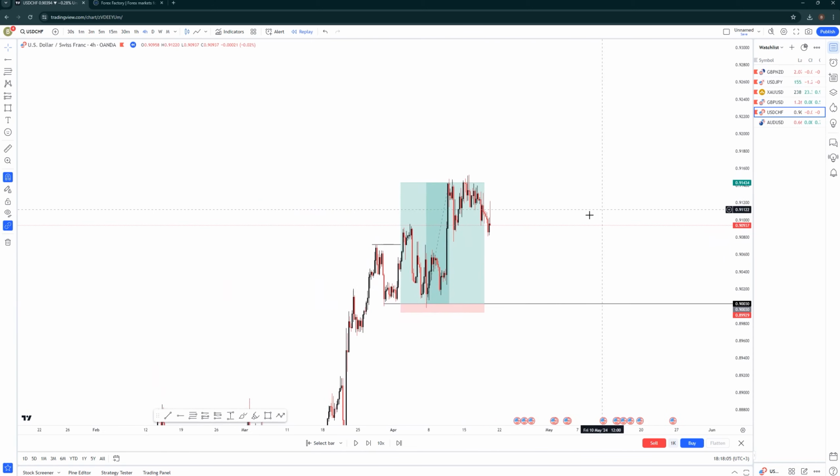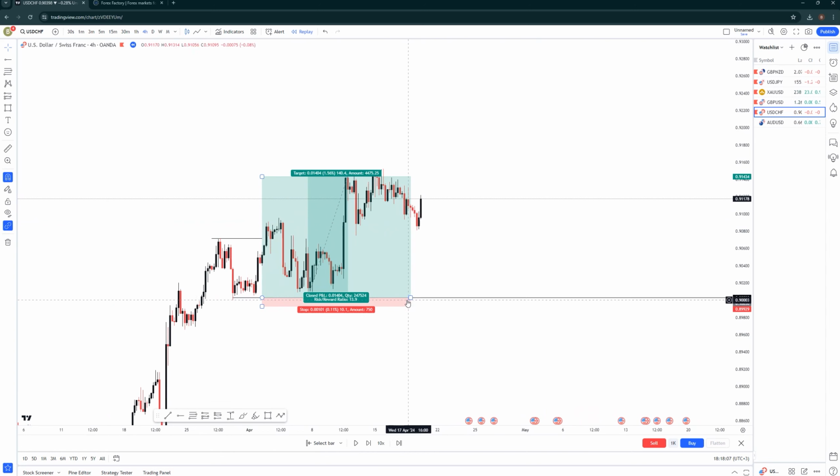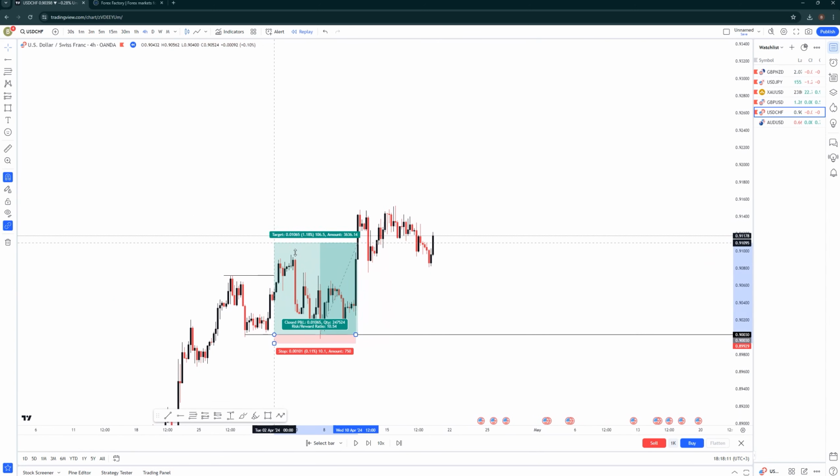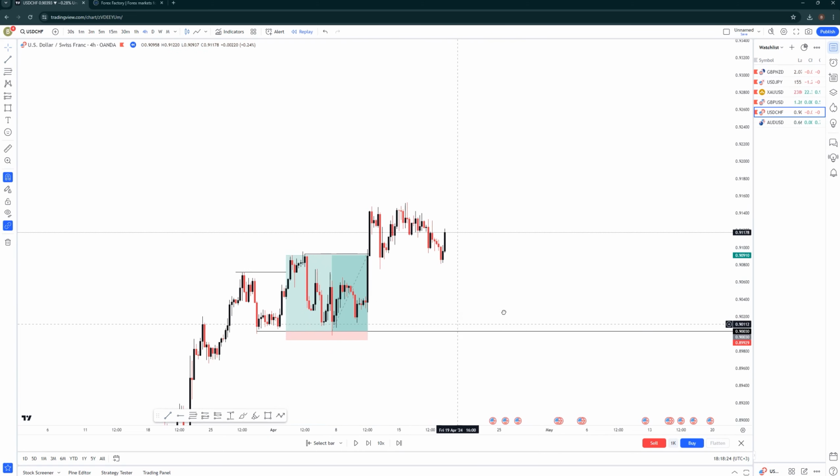Now you can see, after closing our orders at this point, we had another break of market structure here. That is the current break of market structure.